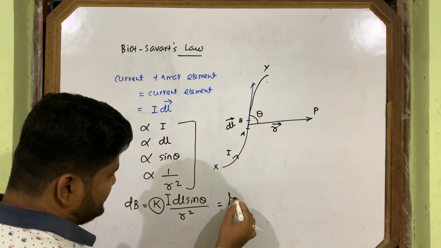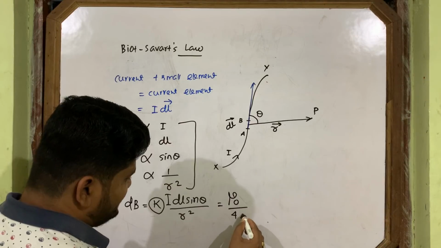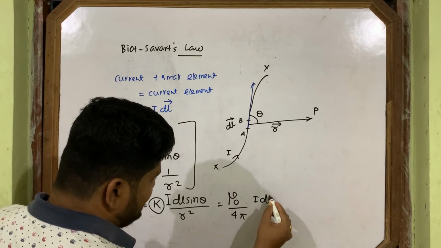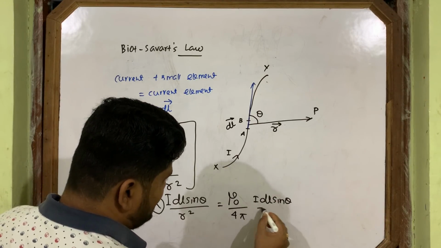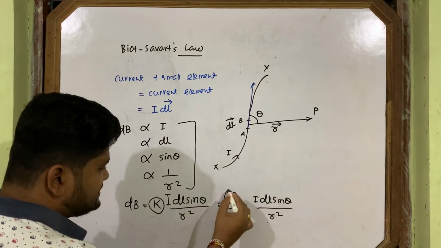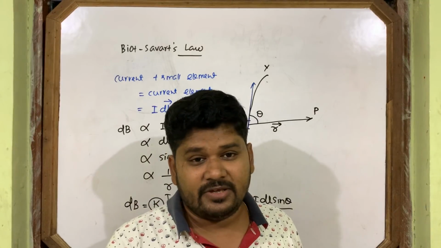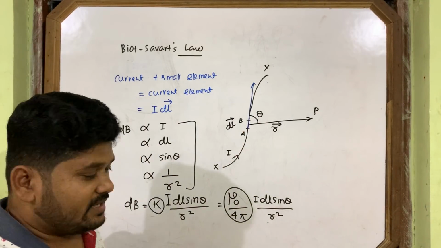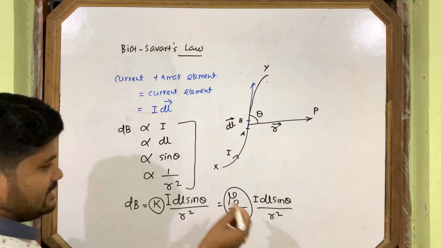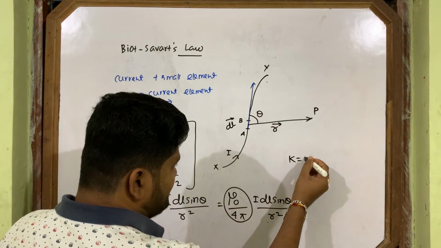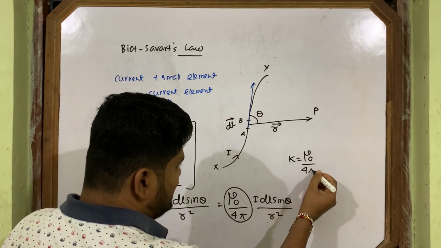This k is mu naught by 4 pi, so dB is mu naught by 4 pi I dl sin theta by r square. In SI units, the k value is mu naught by 4 pi.